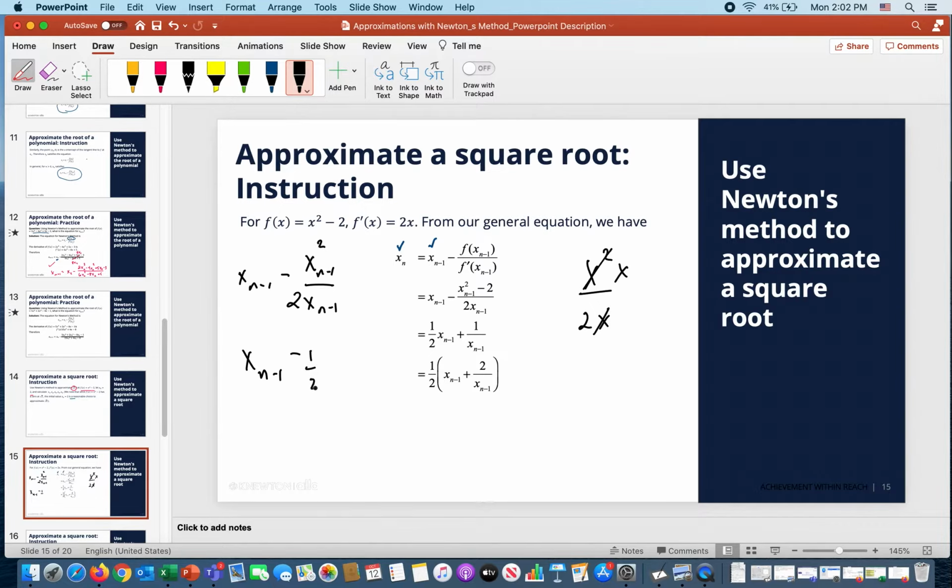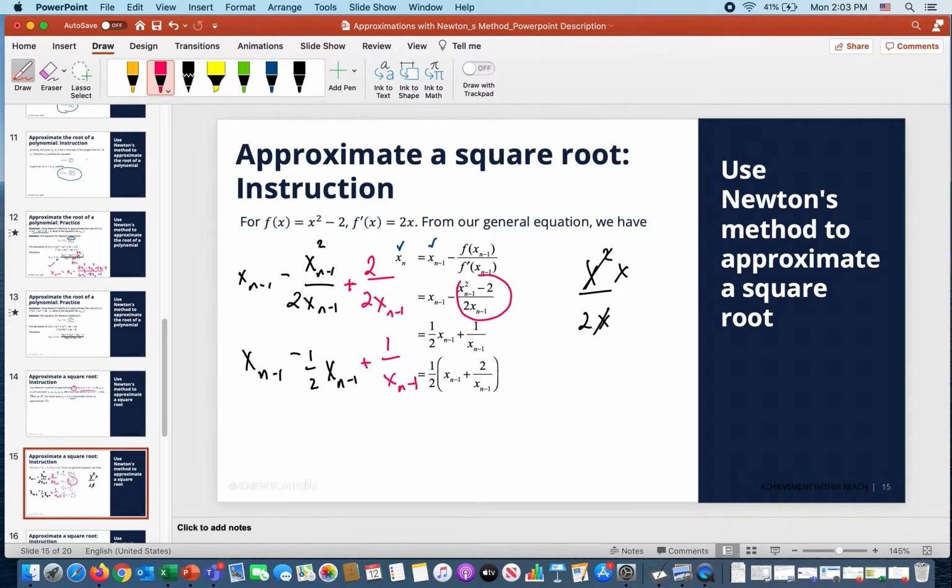So basically I have 1/2 x sub n minus 1. And then I'm going to break up the second part to be minus 2 over 2x sub n minus 1. Basically, I broke this fraction up into two different pieces. There's a negative out front, so I need to make this a positive. I'm distributing the negative that generates the positive. So the 2's cancel, and we have 1 over x sub n minus 1.